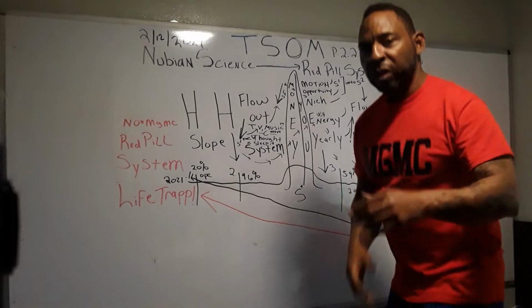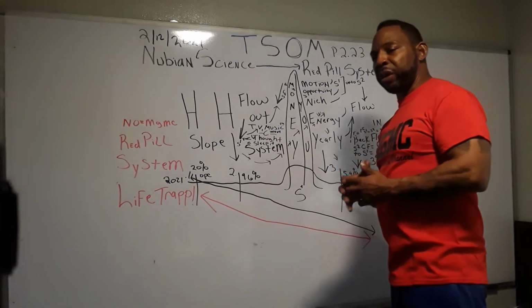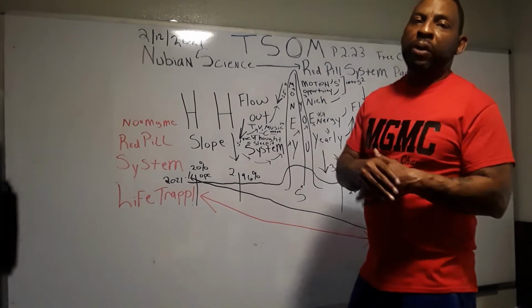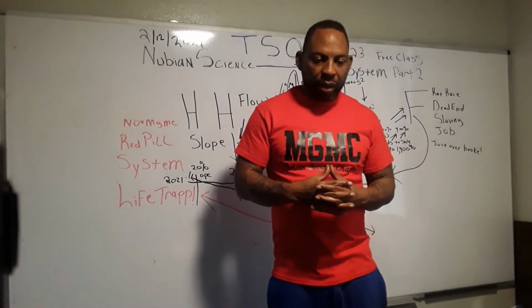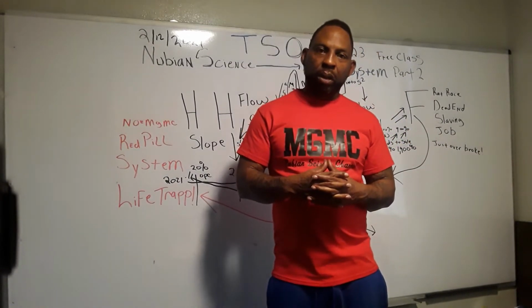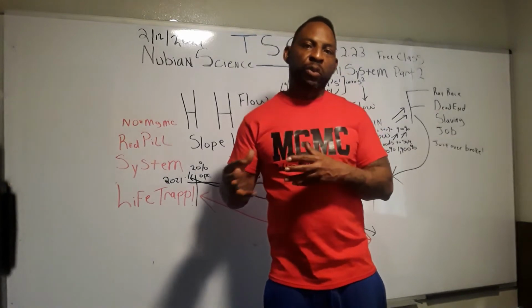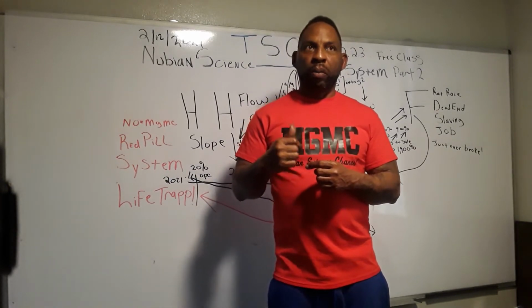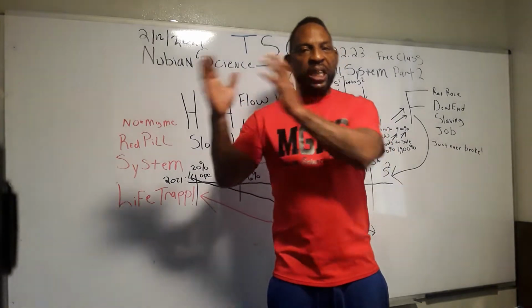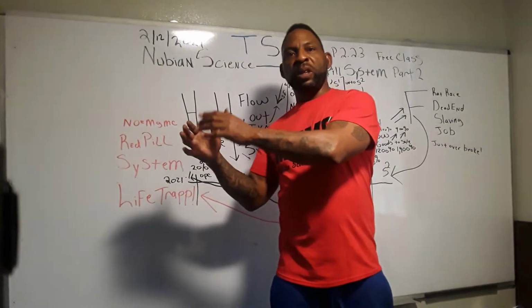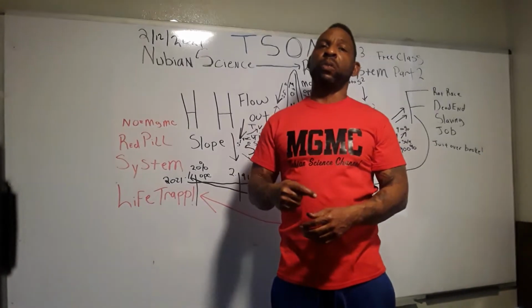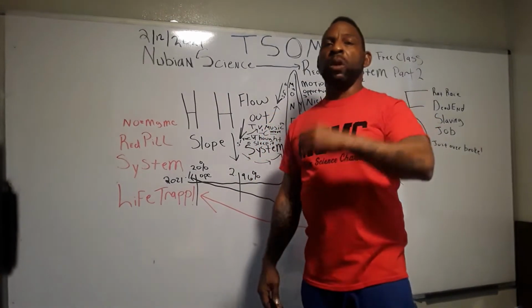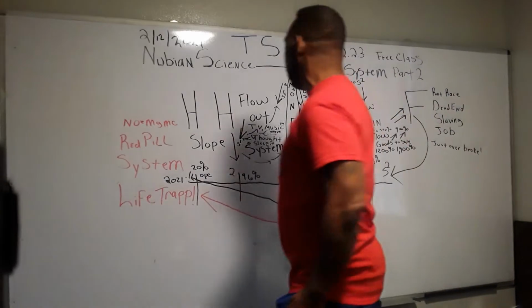That's another element to the matrix, because the matrix in itself creates a very elusive environment where one enters into it believing that it's one thing, but in essence, behind it, there's a whole other principle, a whole other operation going on. And that's kind of what's going on with the red pill system. So let's get into it.